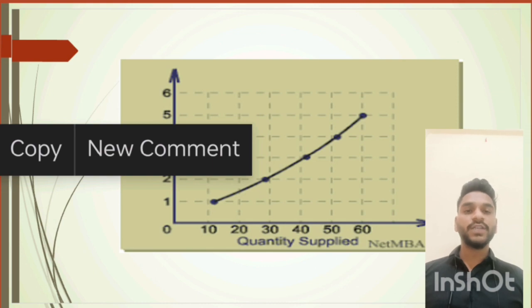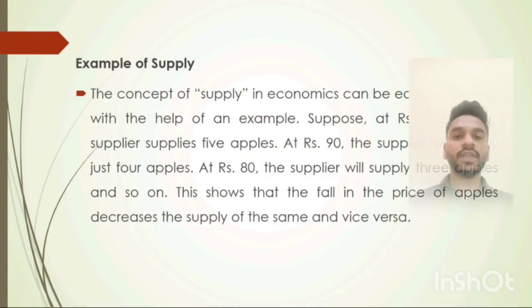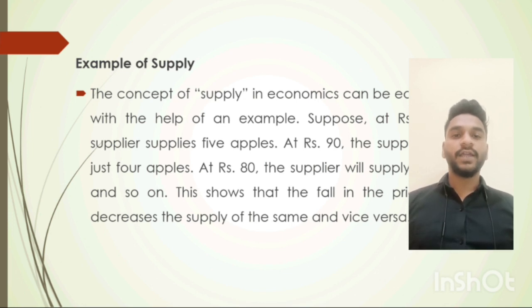Similarly, when price changes from 2 to 3, 3 to 4, 4 to 5, the quantity changes 30 to 40, 40 to 50, 50 to 60, and in that way. And always the supply graph moves from left to right upwards, and vice versa, right to left downwards.